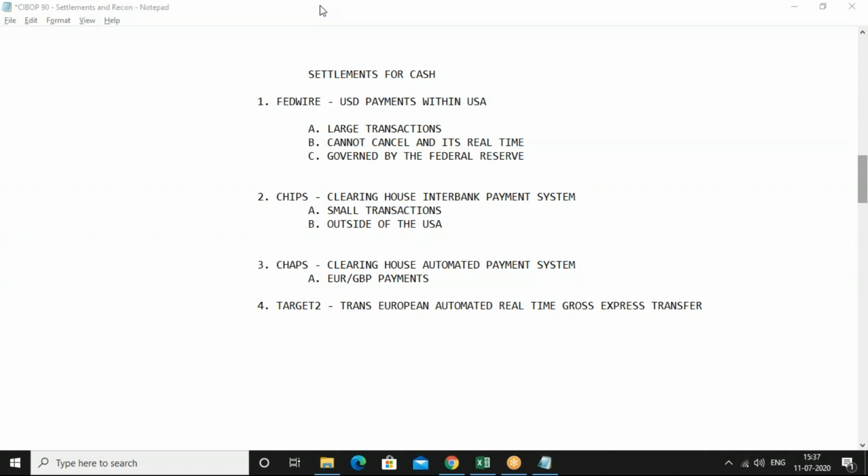Buy-in notice. What does it mean? Let's say that on settlement date, I am supposed to deliver 5,000 shares to you, and for whatever reason, I am not able to deliver the shares. You're the buyer.